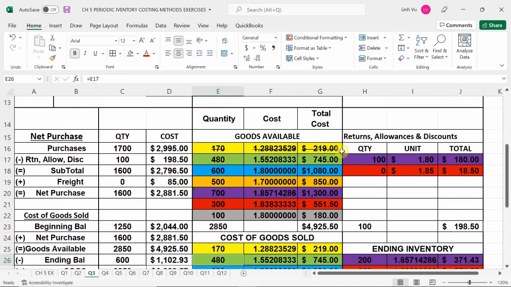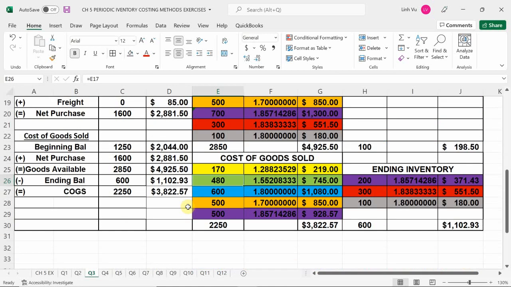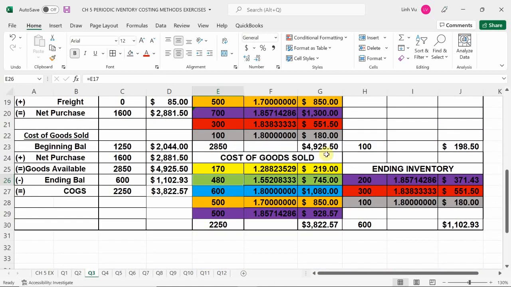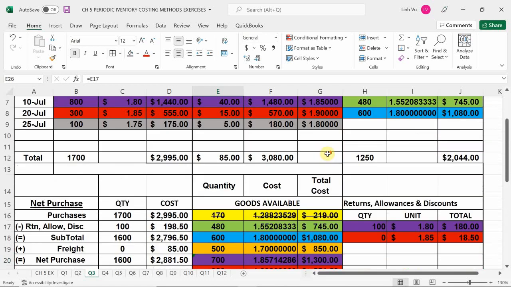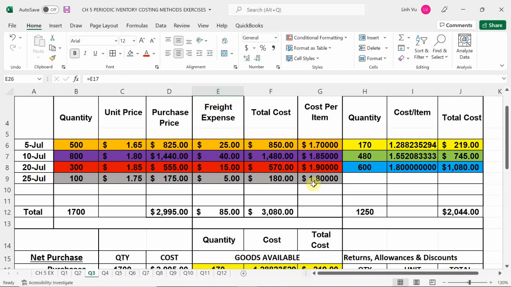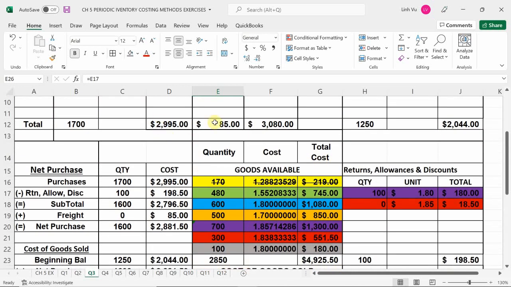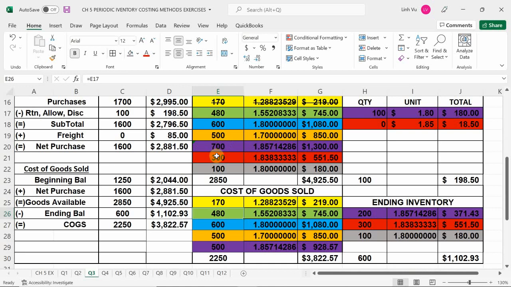Okay, maybe I'll do the colors for this part right here, so then when I show you how to do this one, it will be much easier to calculate. Okay, but for now, this is what you have to do with the colors here, from going from purchases to returns and how it's transferred into the goods available. Okay, so right here I have my ending balance, my cost of goods sold balance.